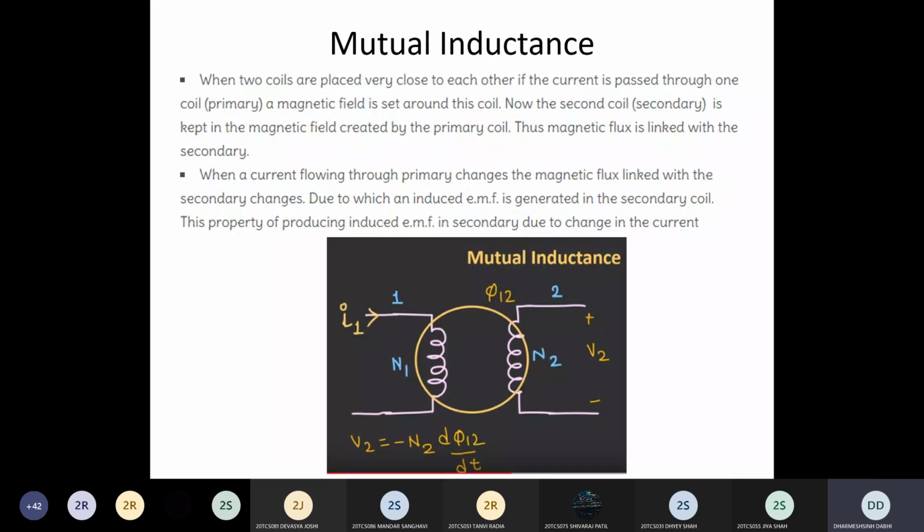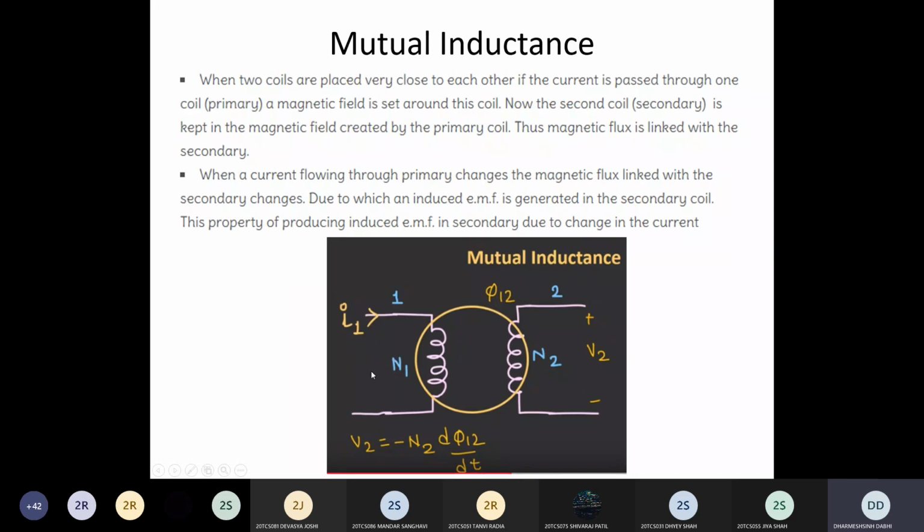As you can see in this video, the equation of V2 when current is flowing into coil number 1: the voltage induced in the secondary coil is V2 equal to minus N2 dφ12 by dt. Those who have not written the equation, please write it down now. In the same way, the voltage induced in coil number 1 because of the current flowing into coil number 2 is V1 equal to minus N1 dφ21 divided by dt.